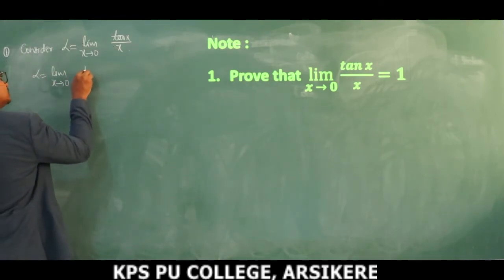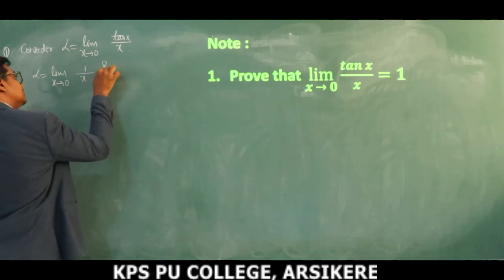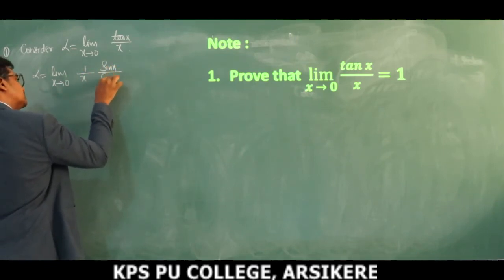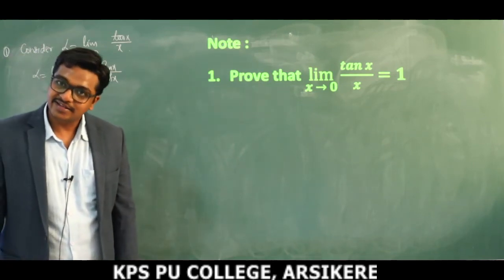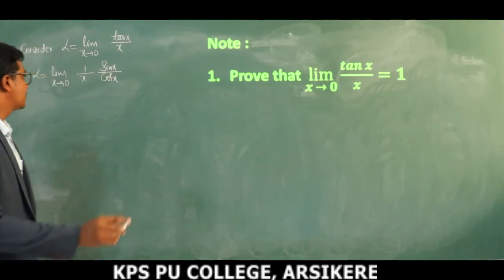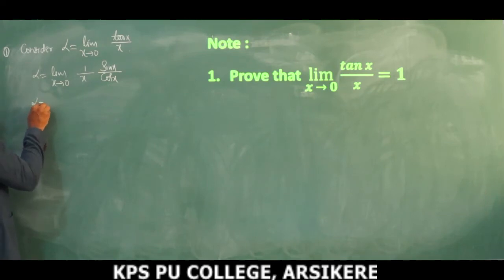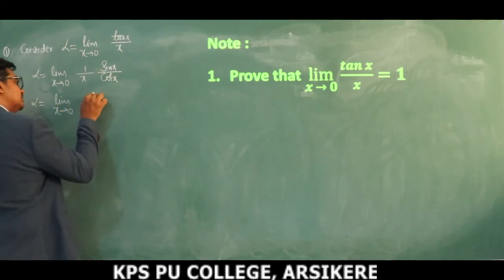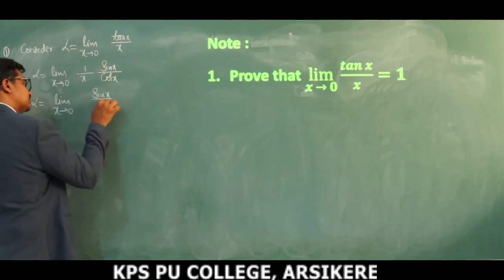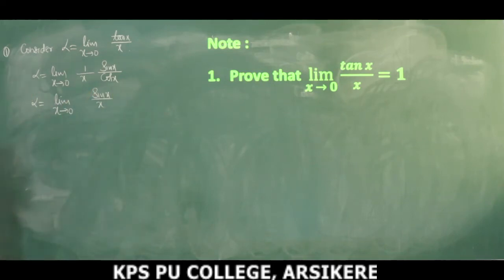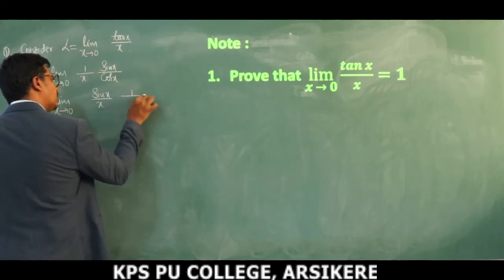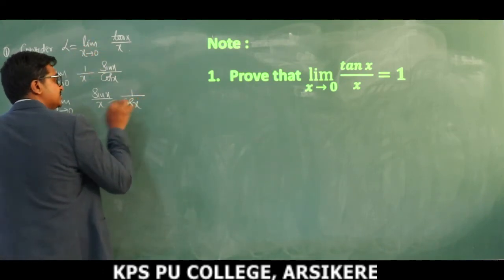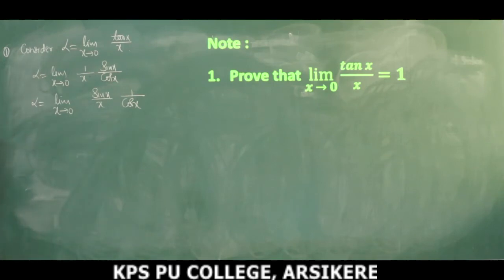So this can be written as 1 by x into sin x divided by cos x. Okay, so I will rearrange this term as limit as x tends to 0 of sin x divided by x. First combine these two terms and then we will have 1 by cos x, 1 divided by cos x.